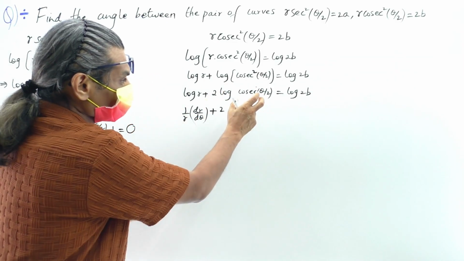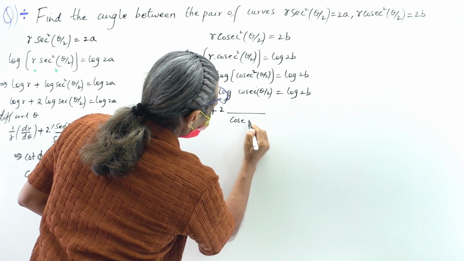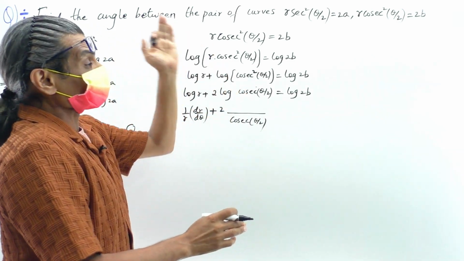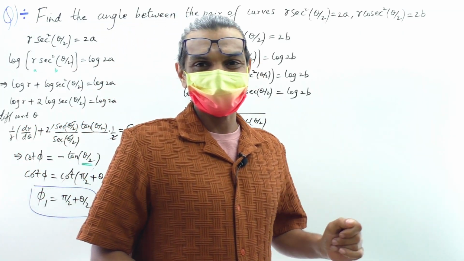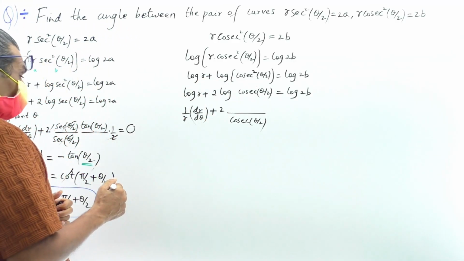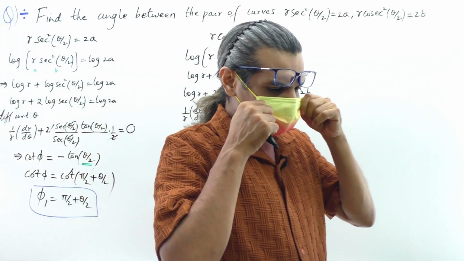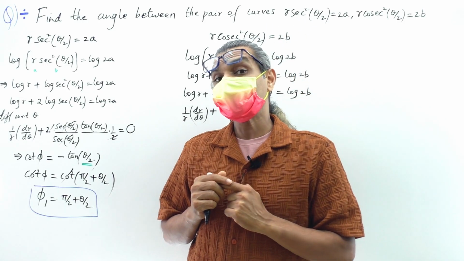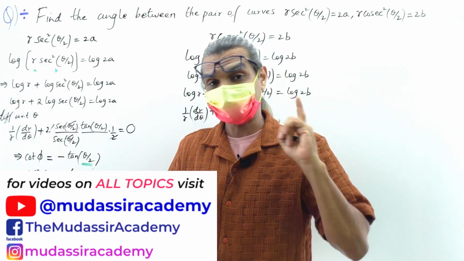So the log of this will be 1 over cosec theta by 2, but again it's not x or theta, it's cosec theta by 2. So the differentiation of cosec theta will be nothing but, remember, many students miss this: the differentiation of secant theta is secant theta into tan theta, but the differentiation of cosec theta is minus cosec theta into cot theta.